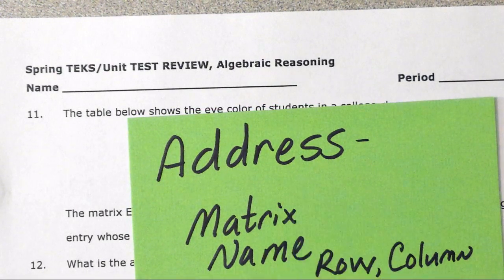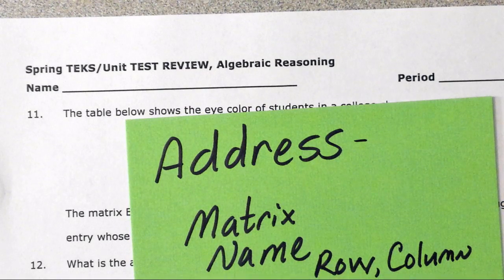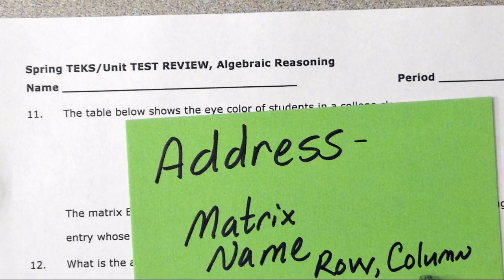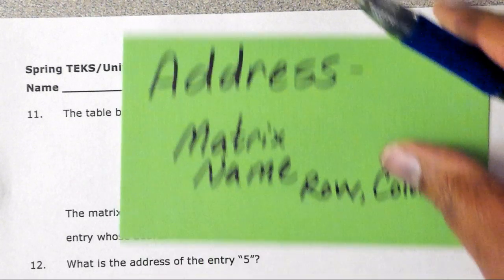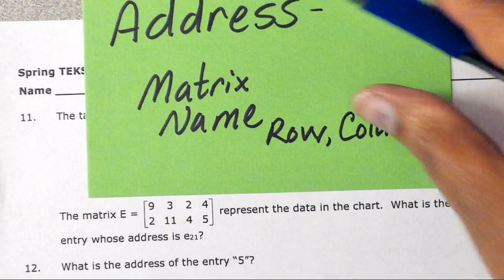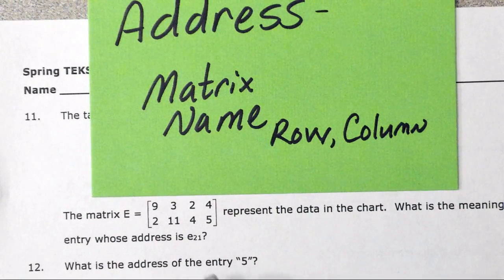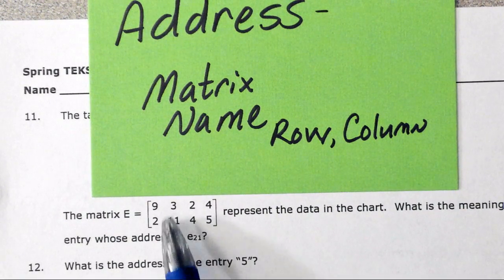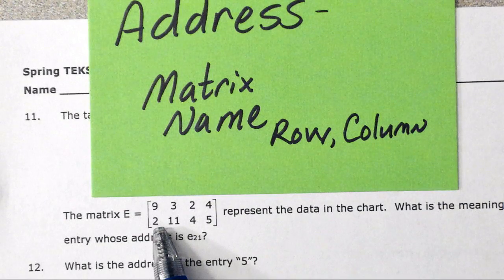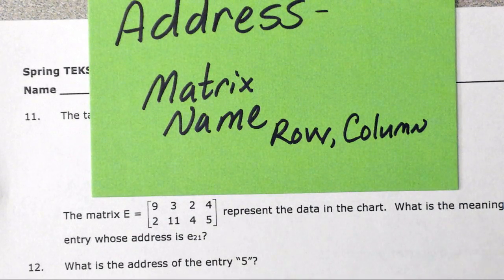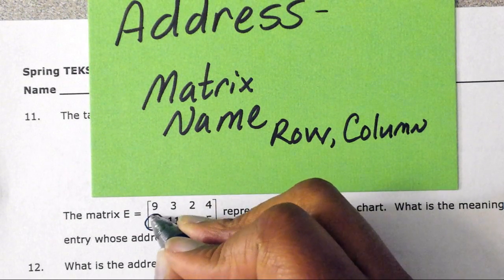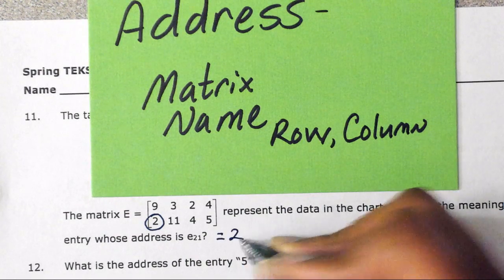An address is simply the matrix name with two little sub-numbers, and those sub-numbers refer to the number of rows and the number of columns. In particular, a specific row and a specific column. In this example, they are referring to the entry that is located at row 2, column 1. So in this case, they are referring to entry number 2.